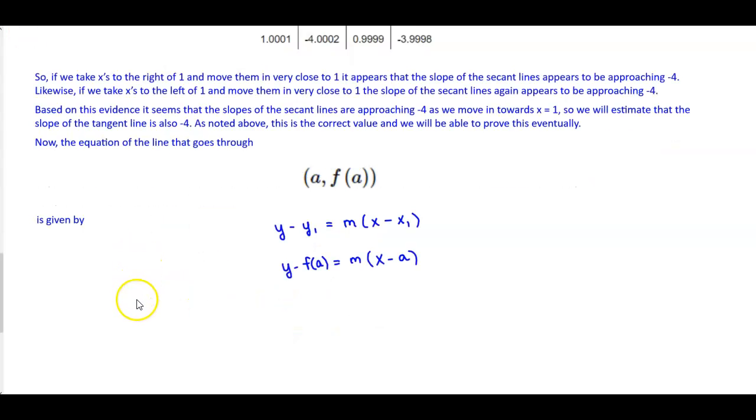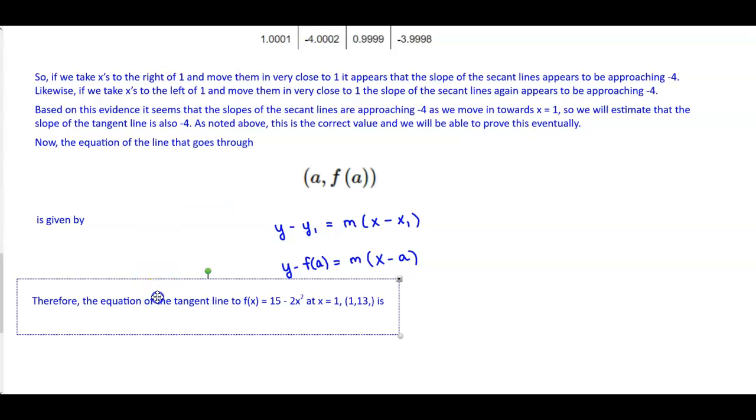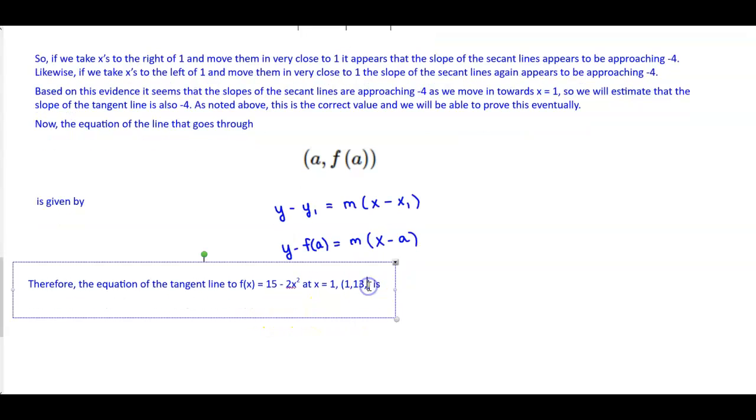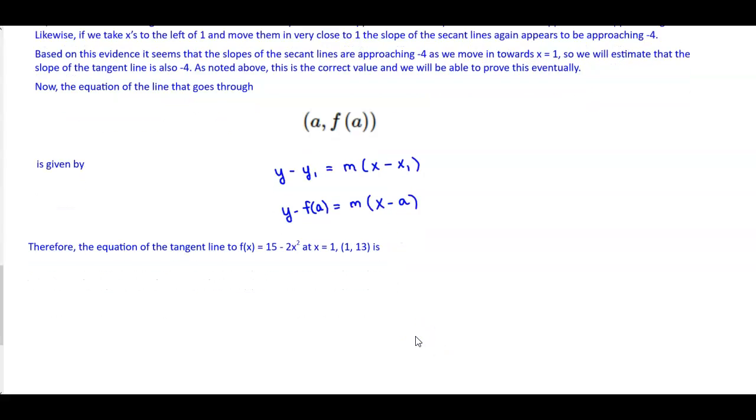So now, going back to the question, we want to find the equation of the tangent line to f(x) equals 15 minus 2x squared at x equals 1. We know that the point was (1, 13) that we needed to use. We plug that into our form: y minus f(a), which is 13, is equal to the slope, which we found to be negative 4, times x minus 1.